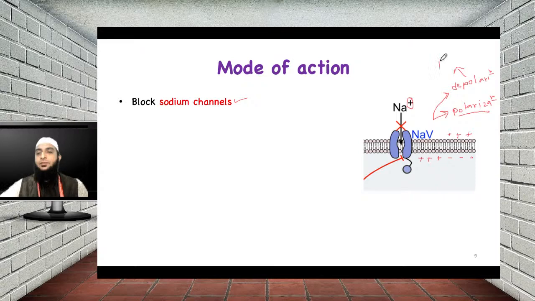Basically, the action potential is nothing but a current which carries the message. When the action potential is generated, the message is conveyed to the brain. I will give you a simple example. Suppose you are sleeping and I put your hand on a hot plate. What will happen?